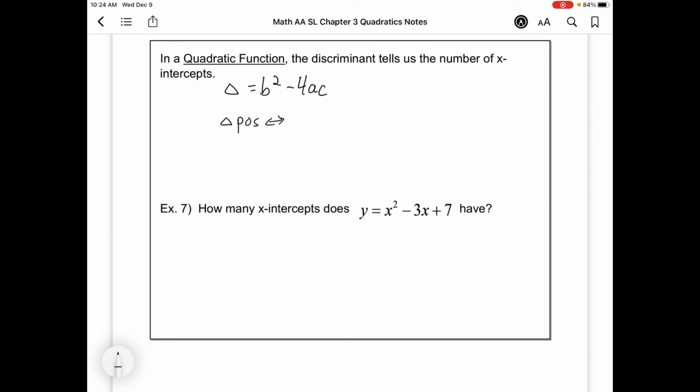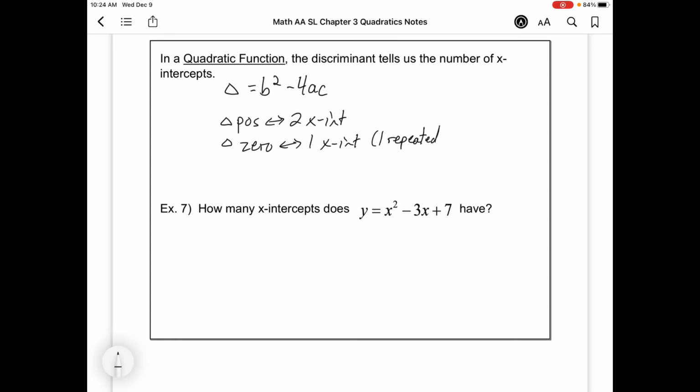So if the discriminant's positive, we have 2 distinct x-intercepts, 2 different ones. If the discriminant is 0, you have 1 x-intercept, sometimes called 1 repeated x-intercept, though it doesn't really look that way.